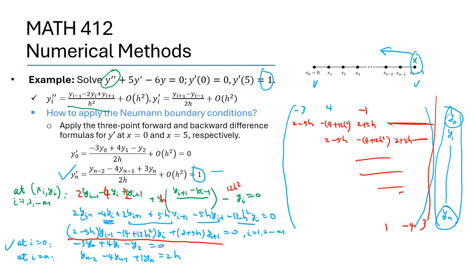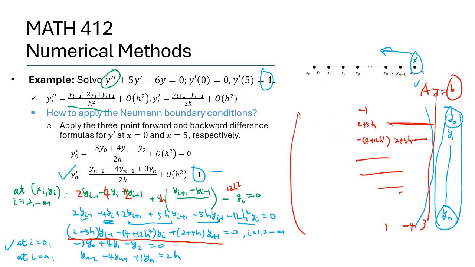And how about b? Ay is b. Let me erase this board. I'm sorry, we don't have much space here. b will be 0 in the first entry.